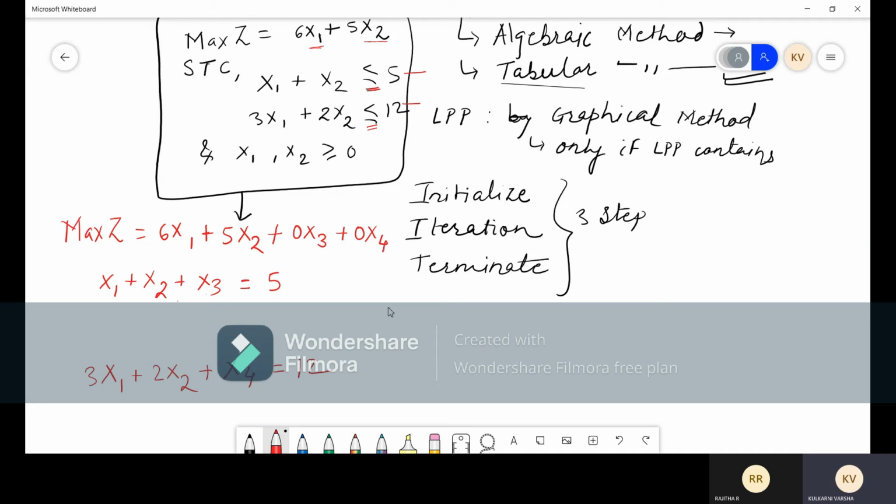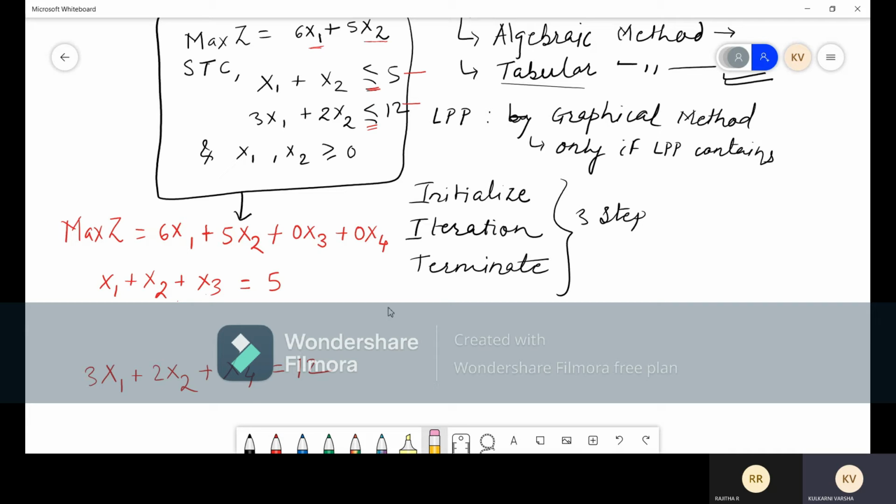Only the main variables will participate in the objective function, and all these slack variables, which we have only used to convert into equations, will not contribute to it. So we multiply them by 0.